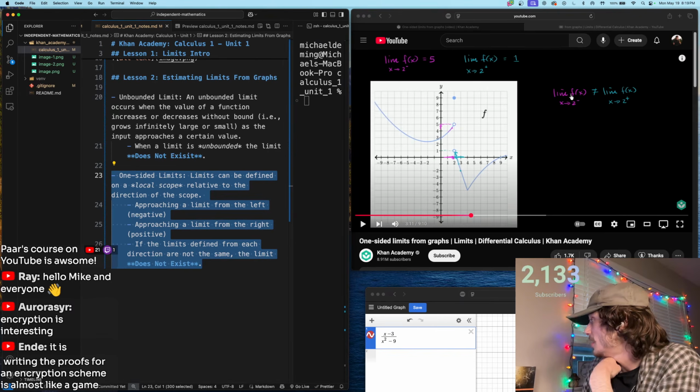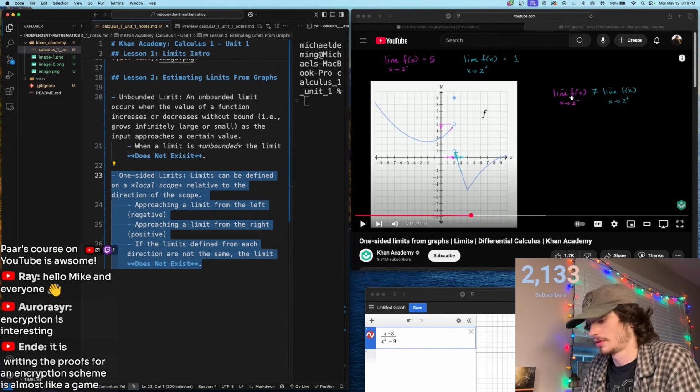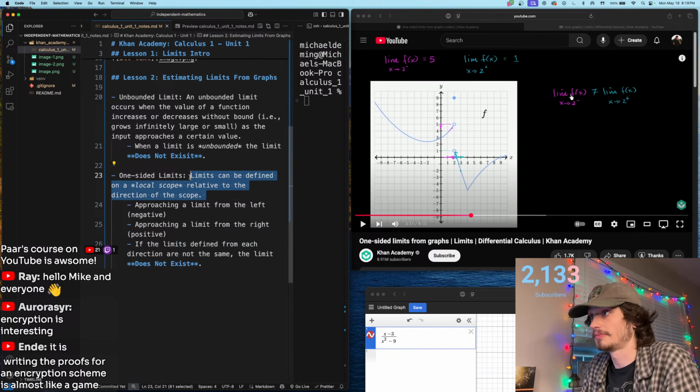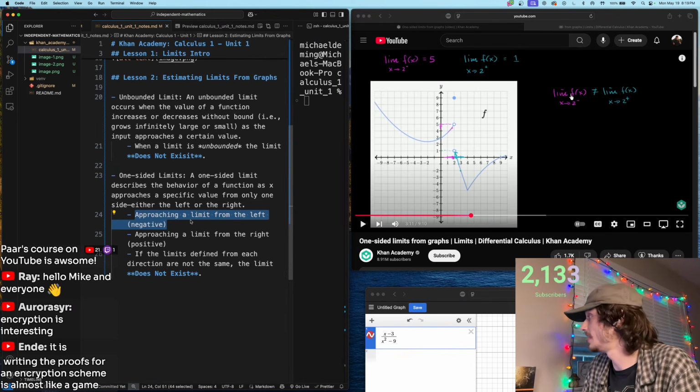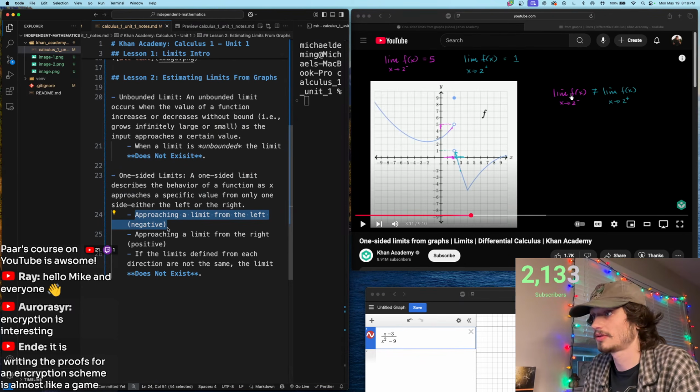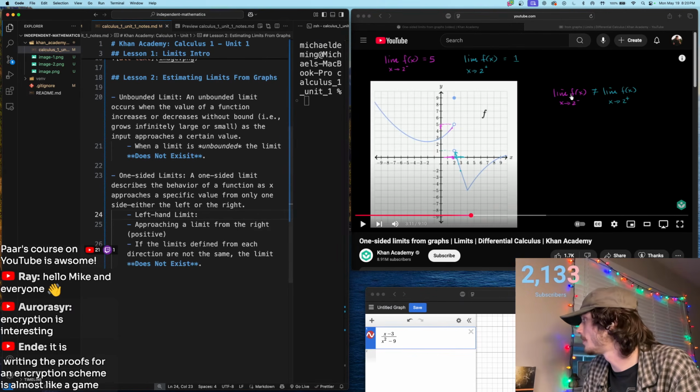Left-handed limits approach from the left, with this notation. I like that better than mine. So left-hand limit.